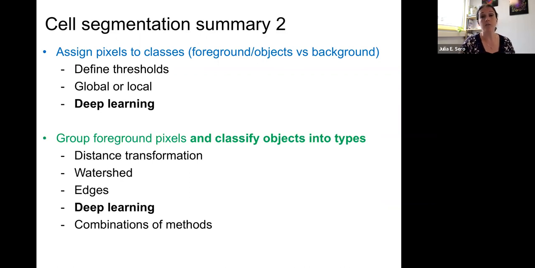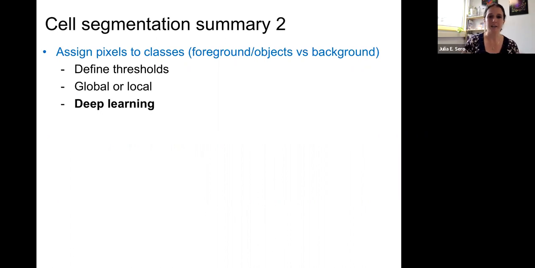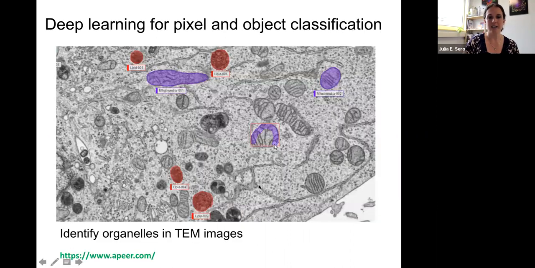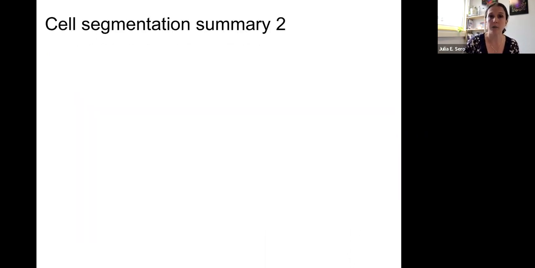And it's also really good for classifying objects into types, especially when it might be quite obvious to your human brain, but it's not obvious numerically why this is a mitochondrion and this is a lipid droplet or a lysosome. I can tell, it looks stripy, but this one isn't the same stripiness as this one. But there is something. Obviously, there's something, because the human annotator can recognize those patterns.